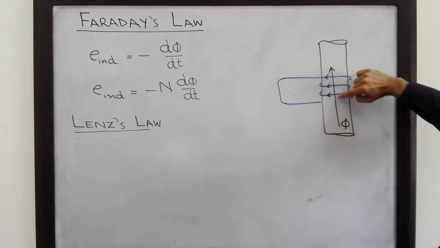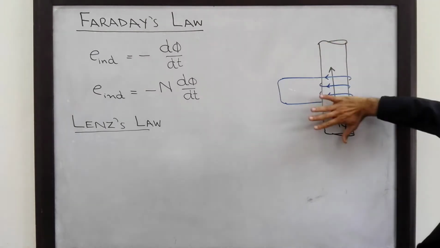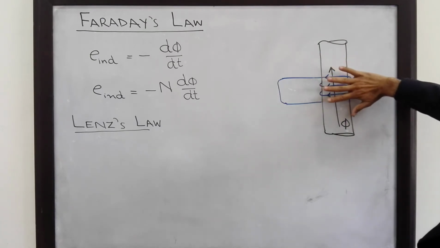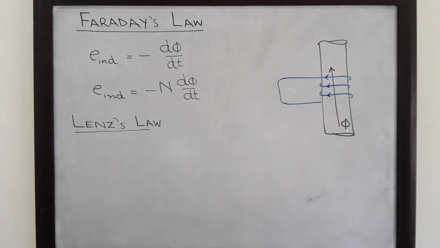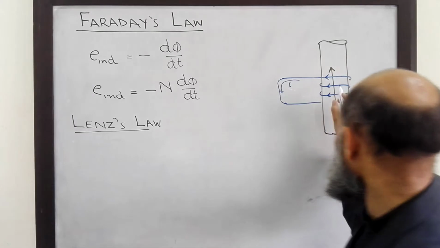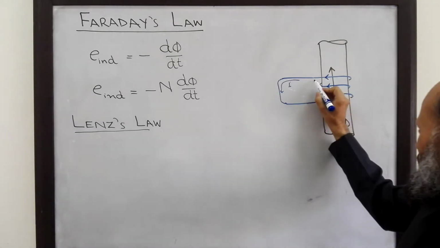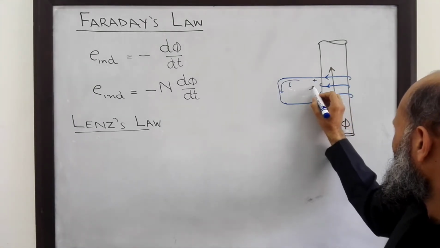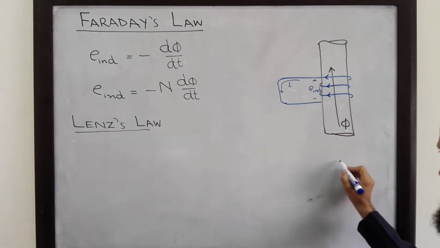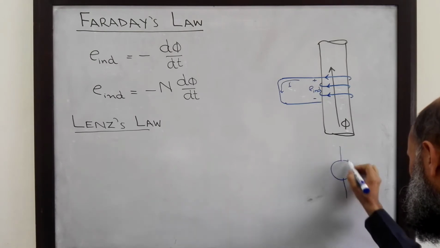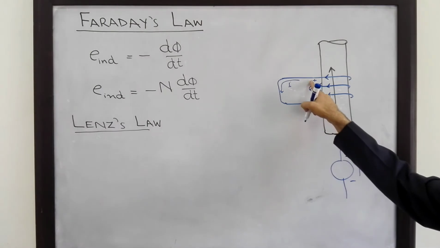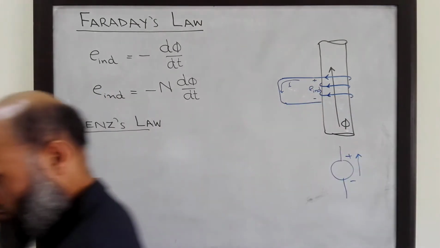So the flux due to the current in this coil will be downward. That is, the direction of current will be indicated by these fingers, towards the right. This will be the direction of the current in the coil. That is, the polarity of the induced voltage will be this one. You know that for a voltage source, if this is the polarity, then current leaves the positive end. So current will leave the positive end.